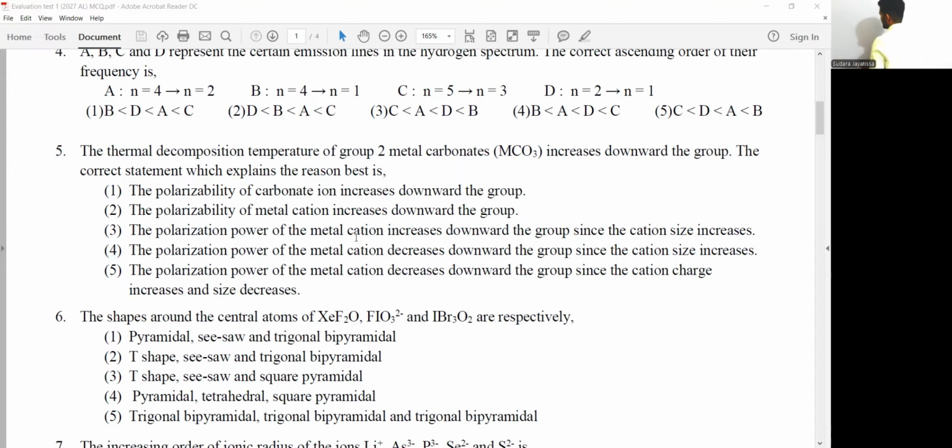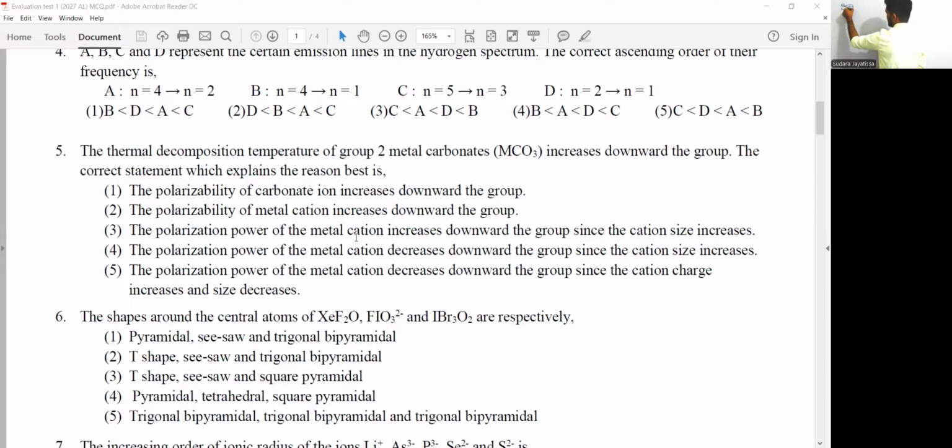So group 2 metal carbonates are beryllium carbonate, magnesium carbonate, calcium carbonate, strontium carbonate, and barium carbonate. You can look at a periodic table and write this. These are the group 2 carbonates.